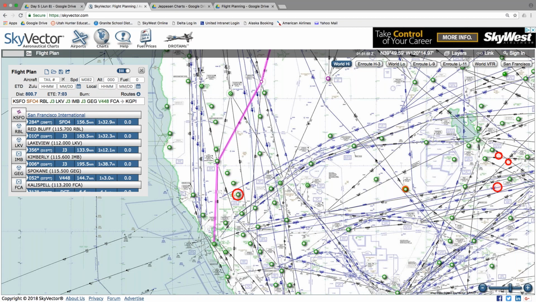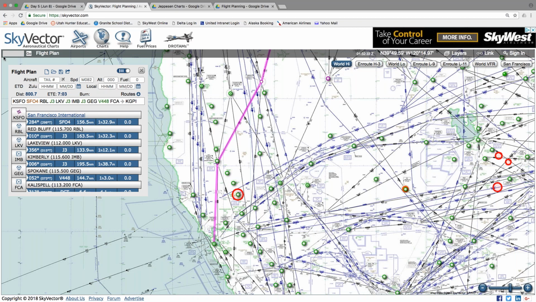So our total distance to top of climb is 163.7. We can subtract the 156.5 from San Francisco International to Red Bluff VOR, and that gives us 7.2 miles. So we know that our top of climb is 7.2 miles past Red Bluff. So now we just take that 7.2 and we subtract it from the 163.5. And that gives us 156.3 miles.